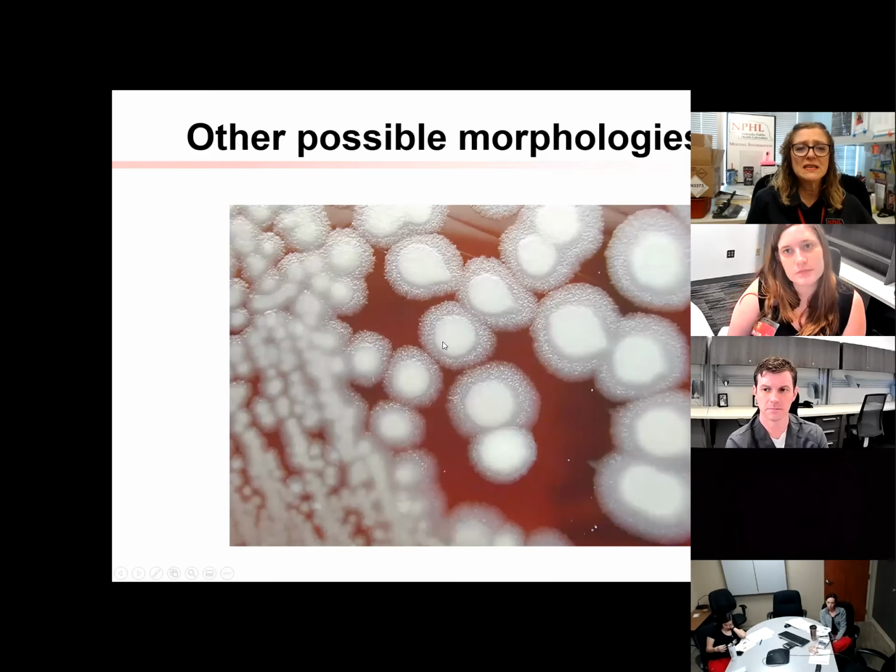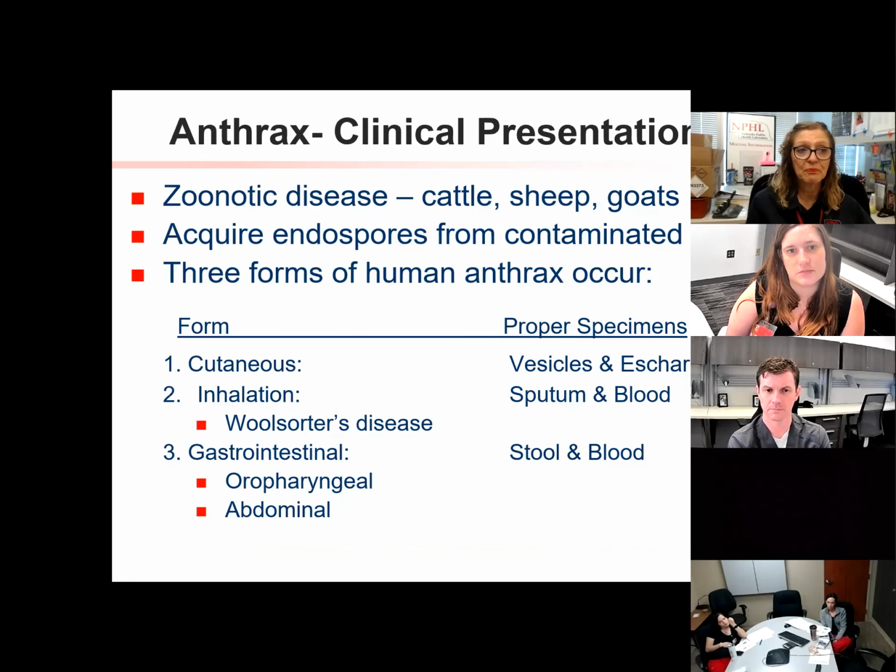It might have very centralized, smooth colonies on it, and only the outer part of the colony looks like a ground glass look. So anything that is suspicious, please do stop, work in the biosafety cabinet, call your public health laboratory, do the LRN reagents, the motility or the catalase first and the motility, to see if those are of any help.